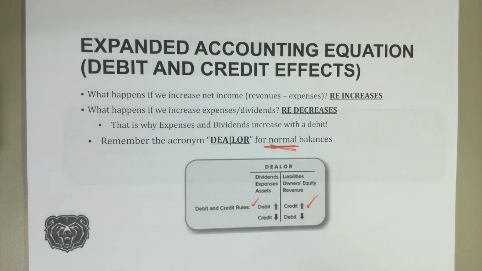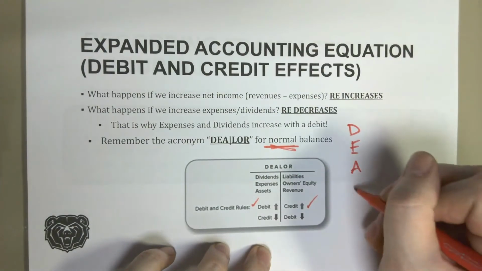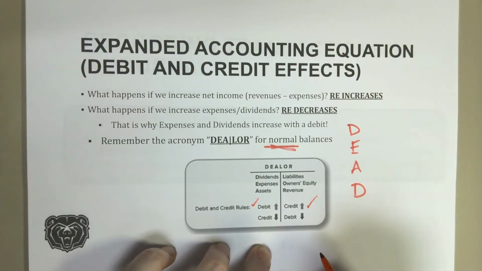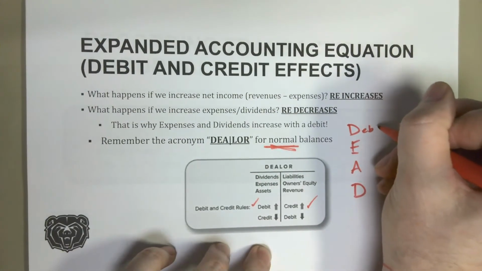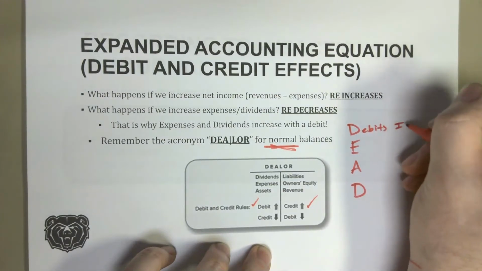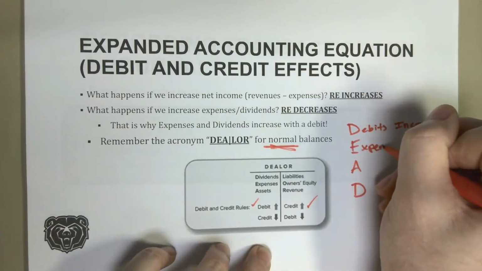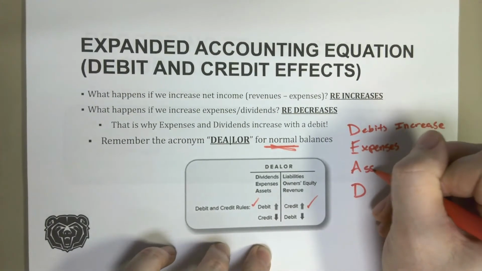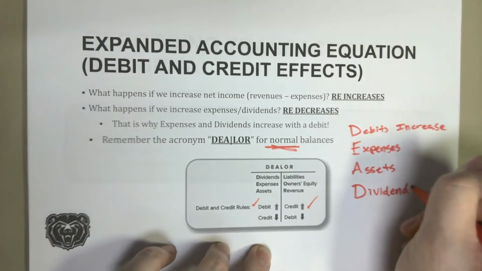I also really, really like this acronym, DEAD, okay? This is how I learned it. I've always found it helpful. So essentially, it just means debits increase expenses, assets, and dividends, okay?